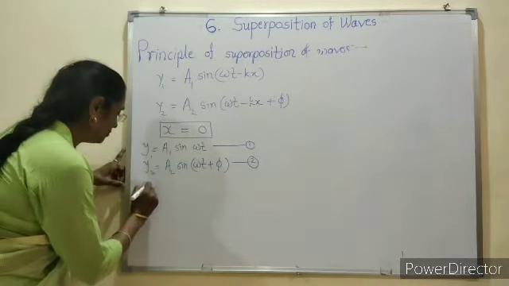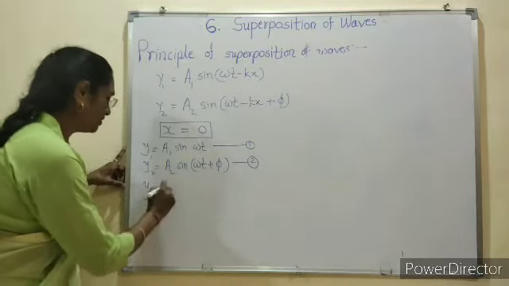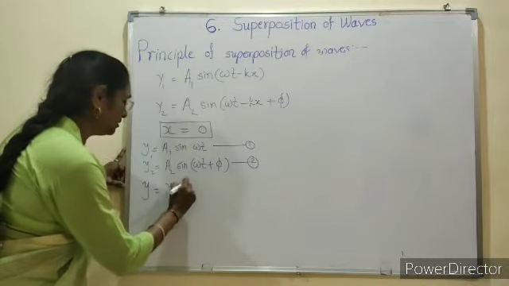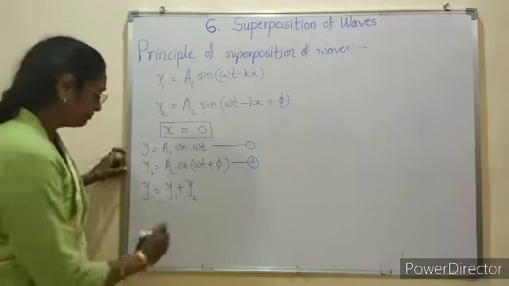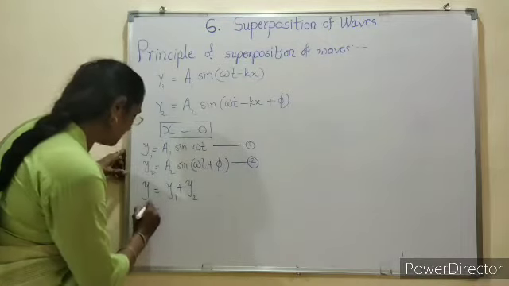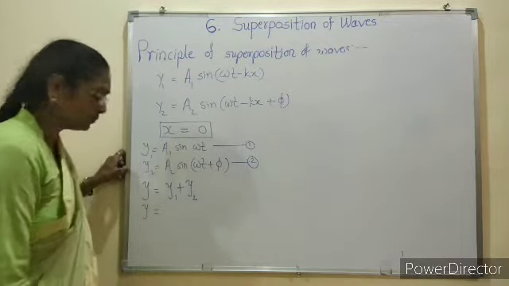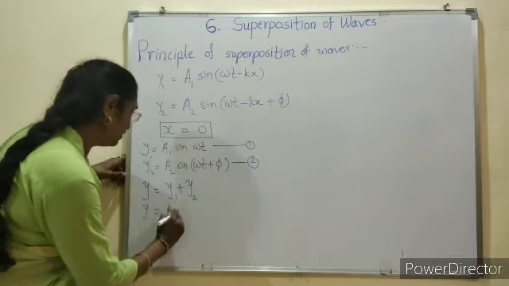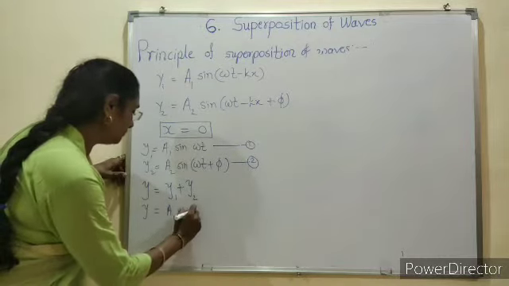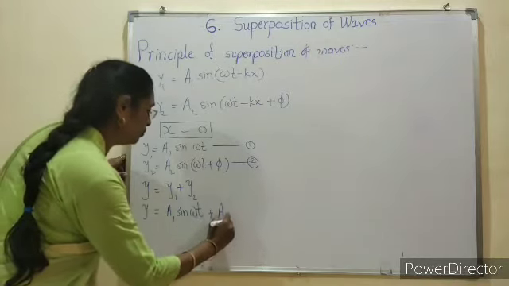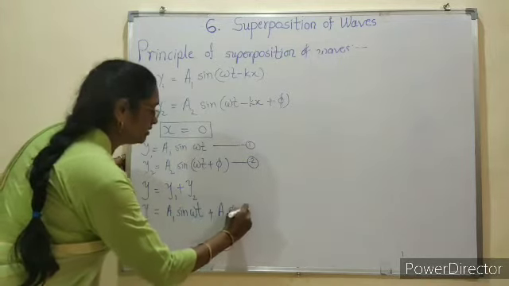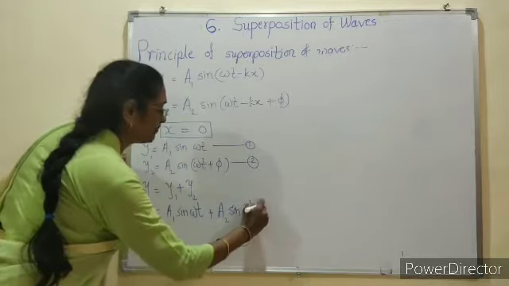Now, according to the principle, the resultant displacement is the vector sum of the two displacements. So y equals y1 plus y2, that is, a1 sin omega t plus a2 sin(omega t plus phi).